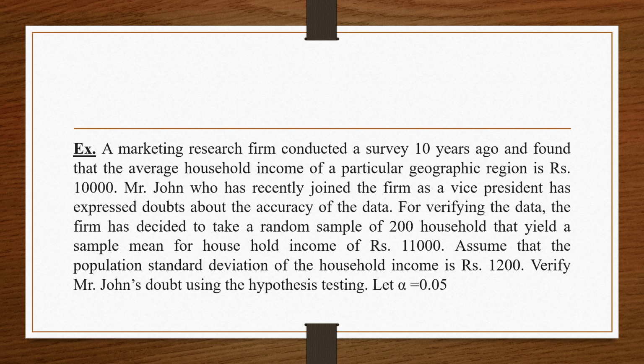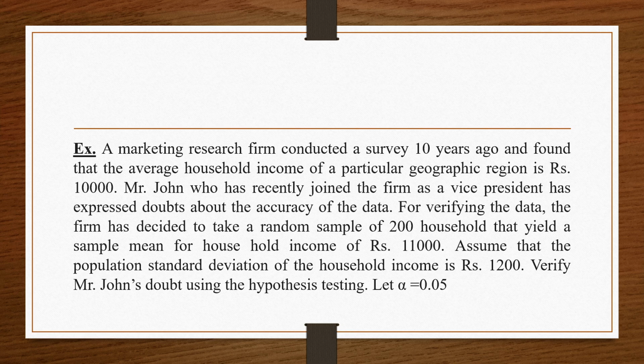The first example says a marketing research firm conducted a survey 10 years ago and found that the average household income of a particular geographic region is rupees 10,000. Mr. John, who has recently joined the firm as the vice president, has expressed doubt about the accuracy of the data.